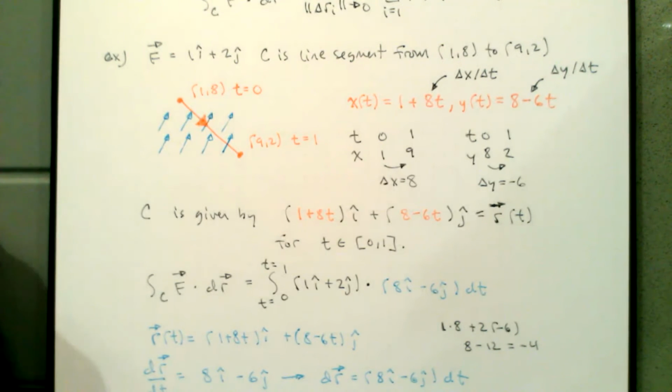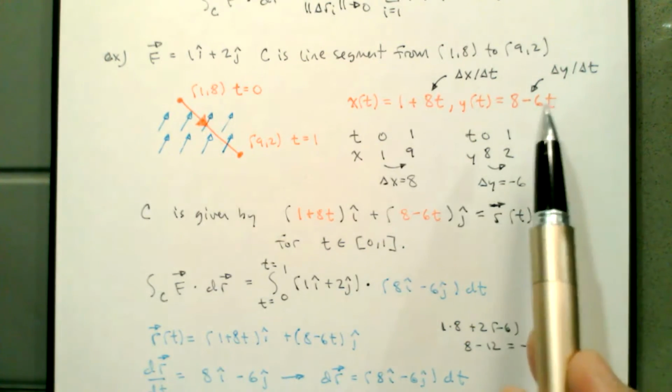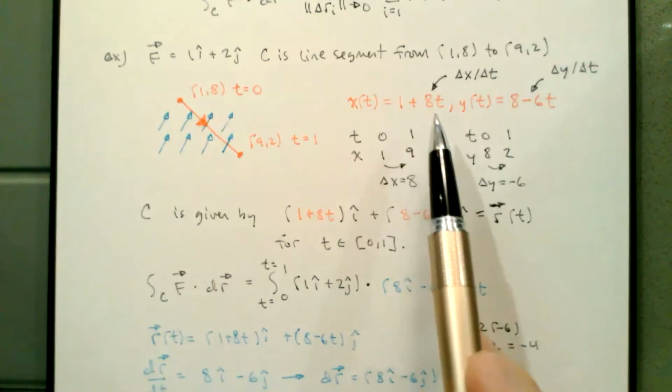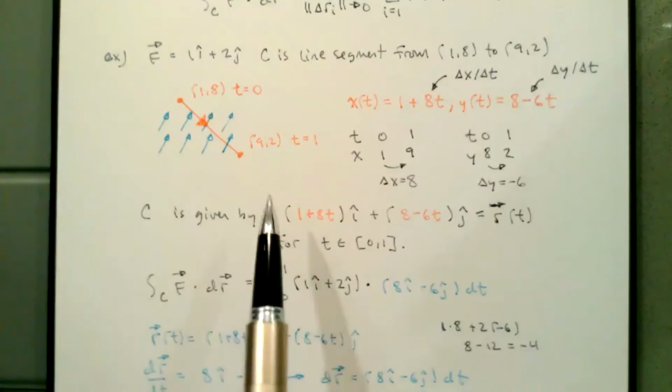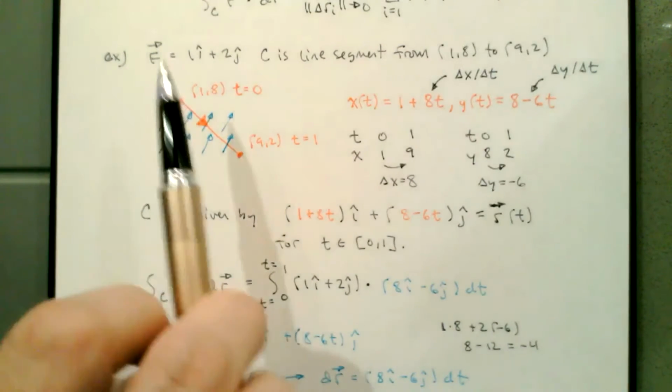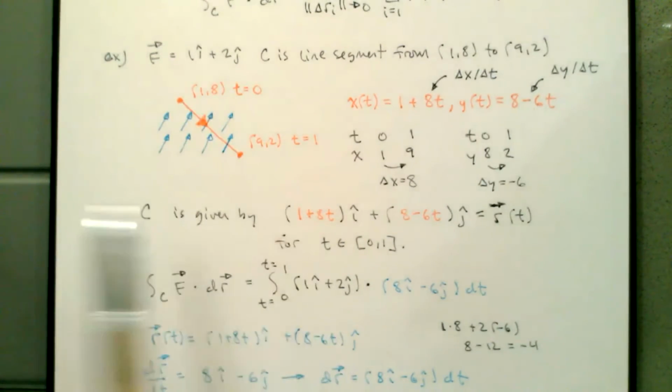And the slope of our curve is -6/8. So the slope of the curve is close to just -1 going down. It's fairly even going down. So it looks like there's some canceling happening with the horizontal push along and the vertical push against.